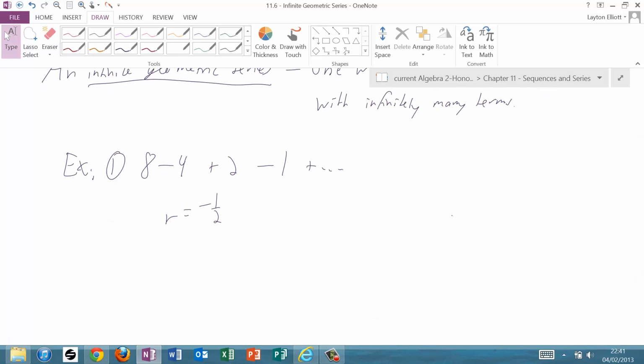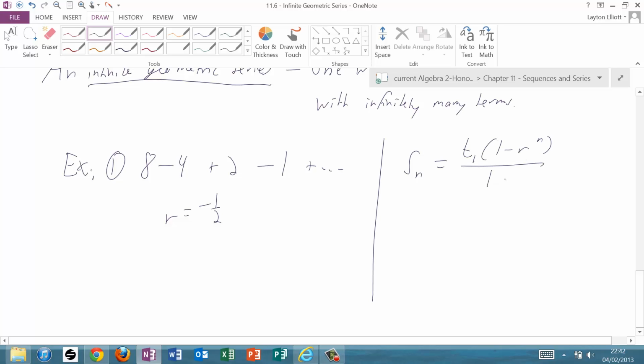Well, in order to do that, we need a new formula. We can't just keep guessing all the time. So we're going to take our S of n formula. S of n equals t of 1 times 1 minus r to the n over 1 minus r. And when we talk about very, very large n, for large n, r to the n approaches 0.